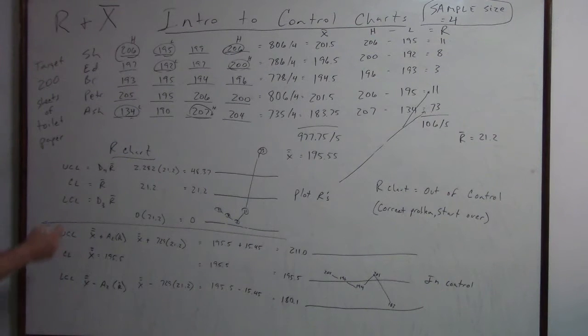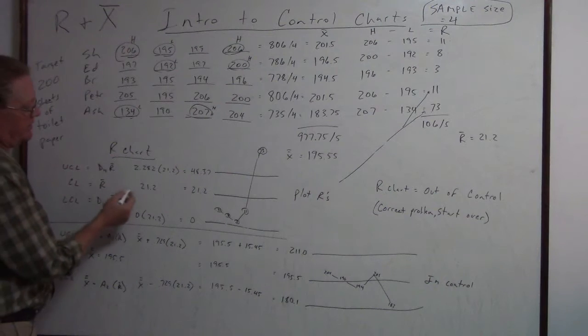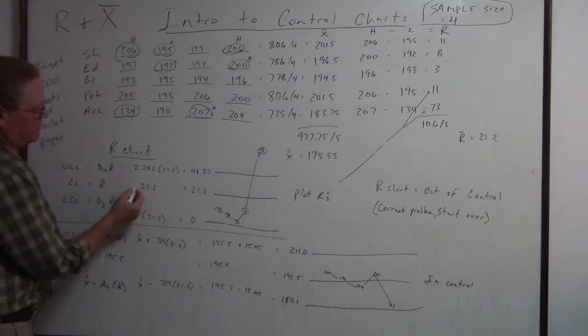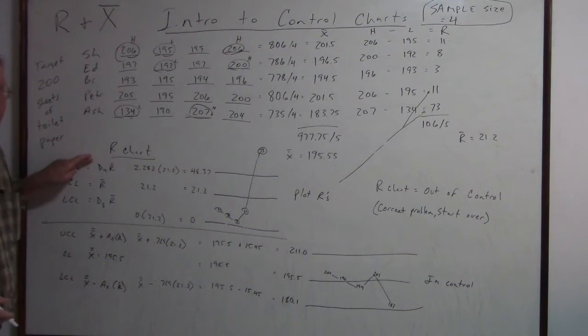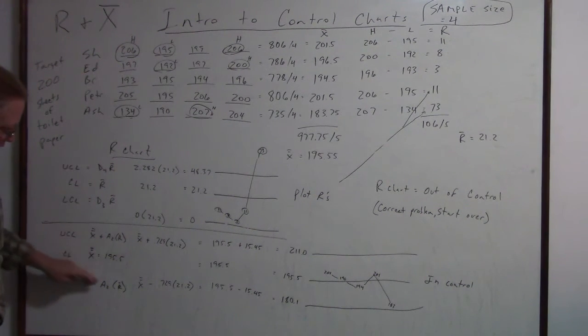What we need is a center line number, an upper control limit, and we need to find the lower control limit. In this case, R bar is the center line, 21.2.